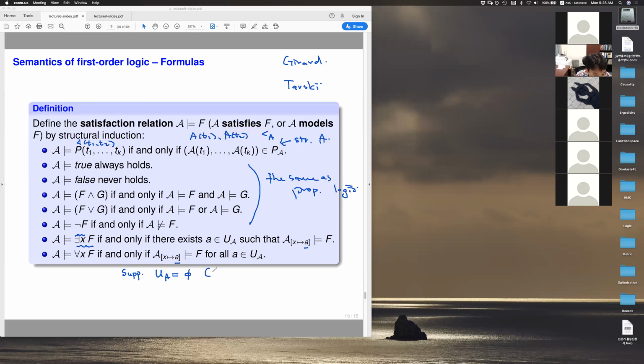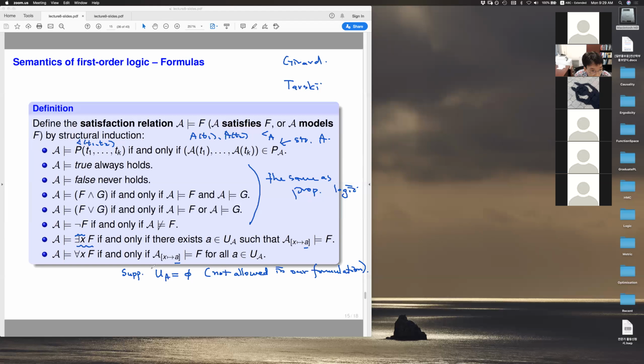This is not allowed in our formalism or in our formulation so far. But let's think about this just to see some subtleties of this definition. Suppose this underlying universe is an empty set.